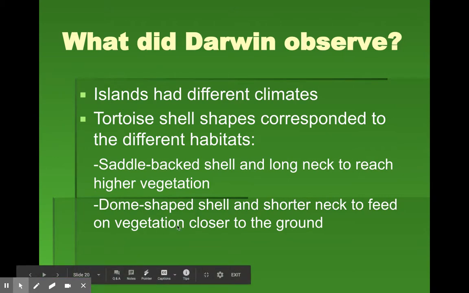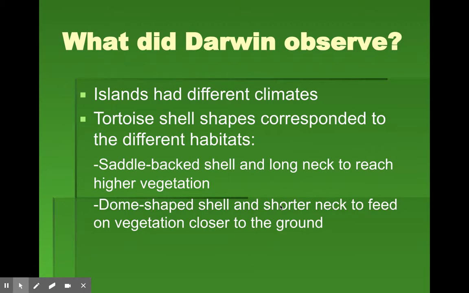The dome-shaped shells and shorter necks were those tortoises that lived on islands where the vegetation was closer to the ground. Even though they lived in a pretty close region of the Galapagos Islands, each had completely different characteristics in order to reach for higher plants, or reach for those that are closer to the ground.